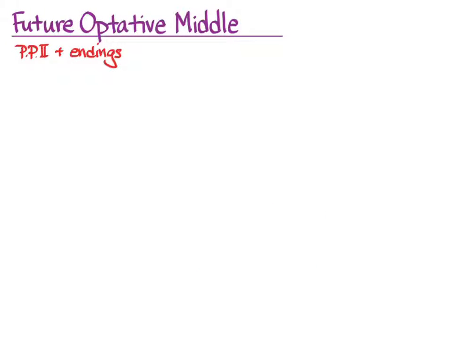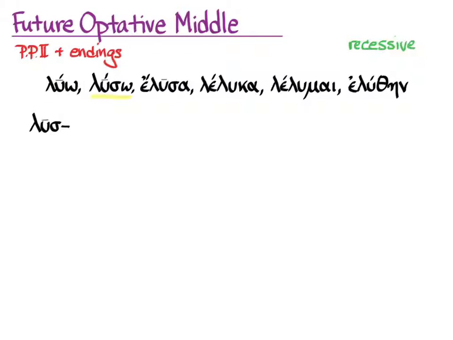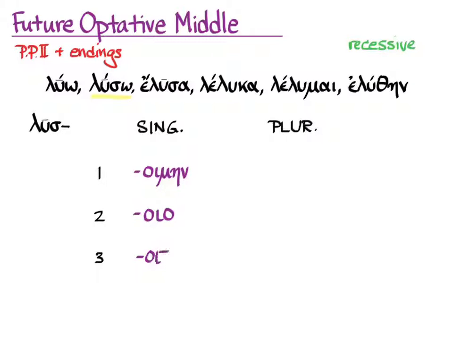Again, as you would expect, it's from the second principal part to which we'll add endings. And we'll have recessive accent. And here we have our model verb and our stem again. And this time the endings: oimen, oio, oito, oimetha, oisthe, ointo. Again, these shouldn't be a surprise. They're exactly the same as the present optative middle endings.